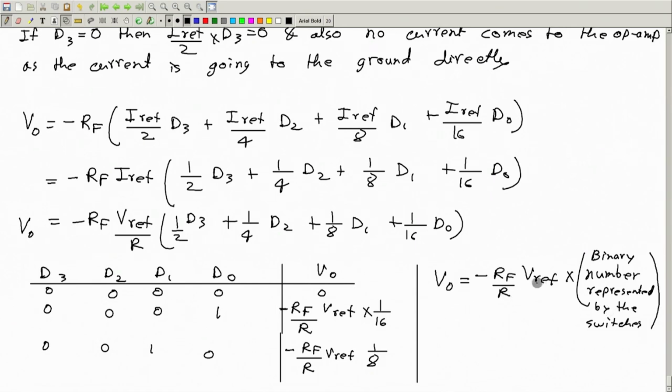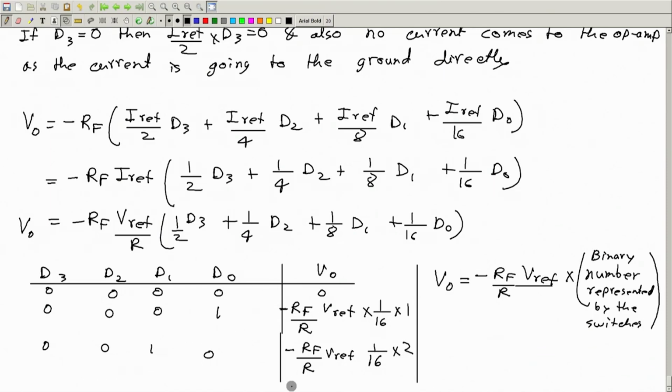I may also write it this way. I will take divide by 16. Just watch this. So this is this, and I write it this way, multiplied by 1. Now this 1 by 8, I will write as 1 by 16 into 2. Similarly, the next one.